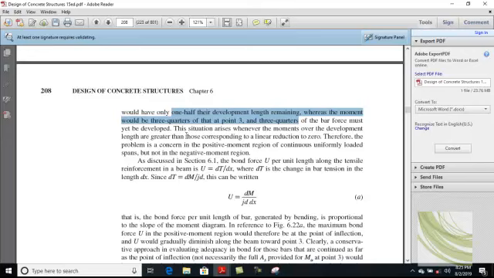This situation arises when the moments over the development length are greater than those corresponding to a linear reduction to 0. Therefore, the problem is a concern in the positive moment region of continuous uniformly loaded spans, but not in the negative moment region.